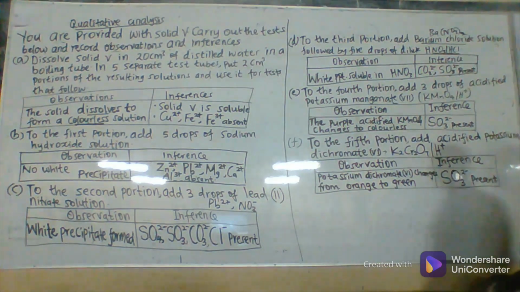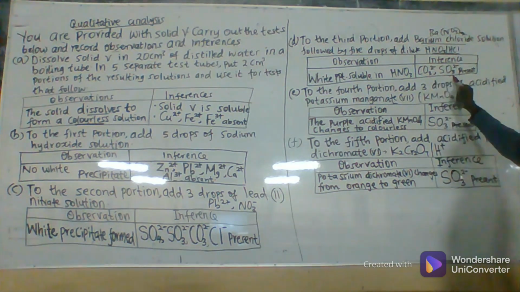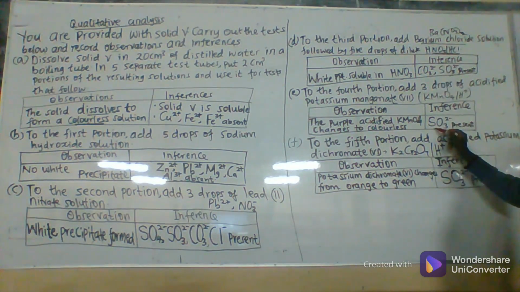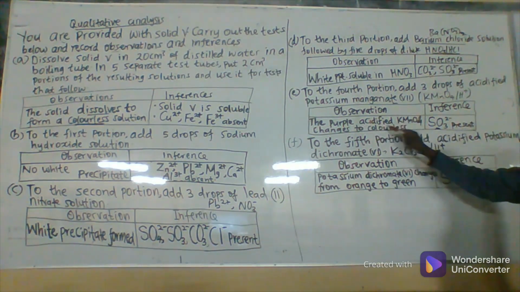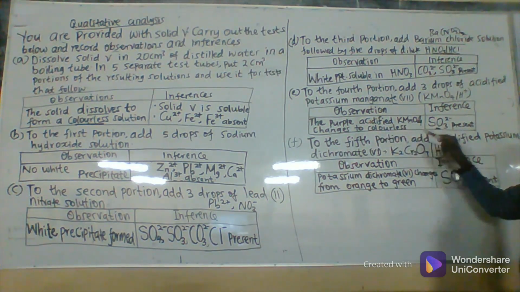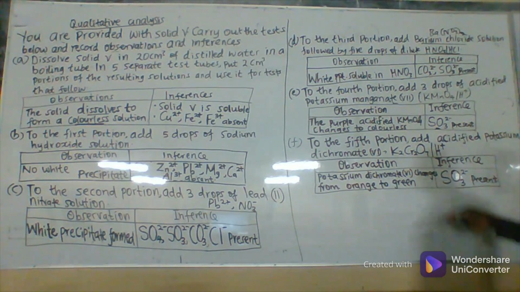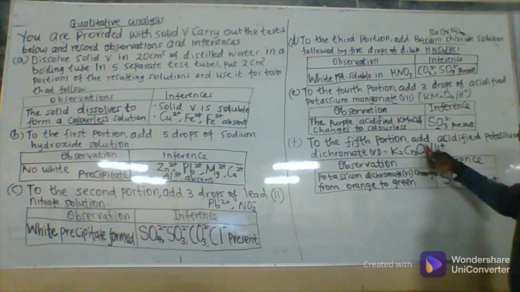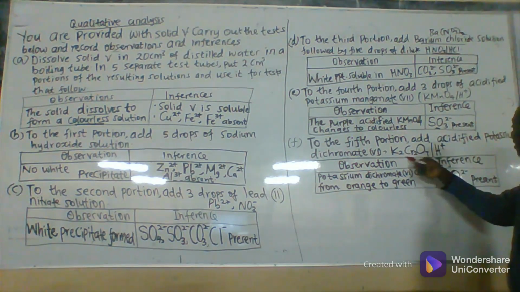When that happens, it means sulphite is present. But if the purple color had persisted, then the inference should have been carbonate ions present. Another solution that you can use to differentiate between carbonate and sulphite is acidified potassium dichromate(VI).